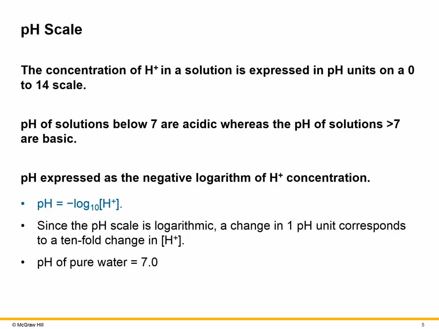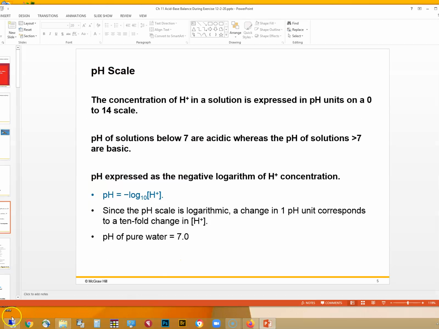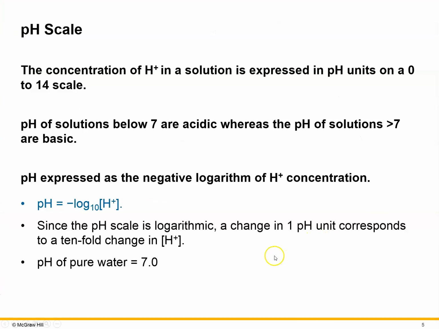The negative sign is like looking at 1 divided by hydrogen ion concentration. The reason I'm bringing that up is so that when things become more acidic, when hydrogen ion concentration goes up, pH goes down. So a more acidic solution has a lower pH, and a more basic solution has a higher pH. So just remember that, it's just opposite. High hydrogen concentration, low pH.